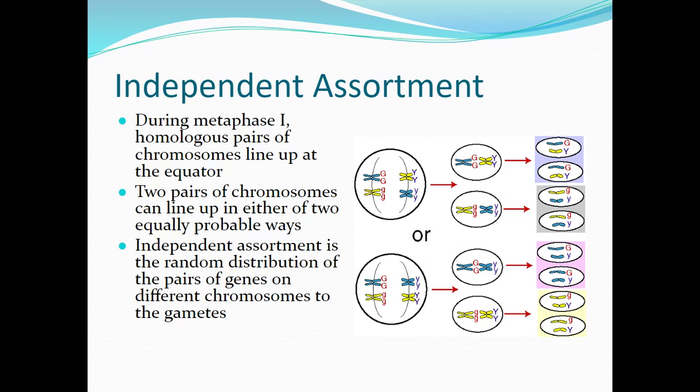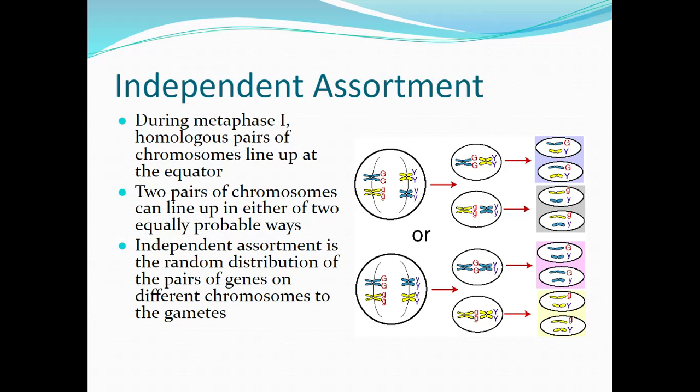Then there's independent assortment. So in metaphase, we all line up across the poles, and then your pairs of chromosomes are separated out. And then from there, we line up again in metaphase 2, and then we separate them out one more time. So they're independently assorted, or random distribution.